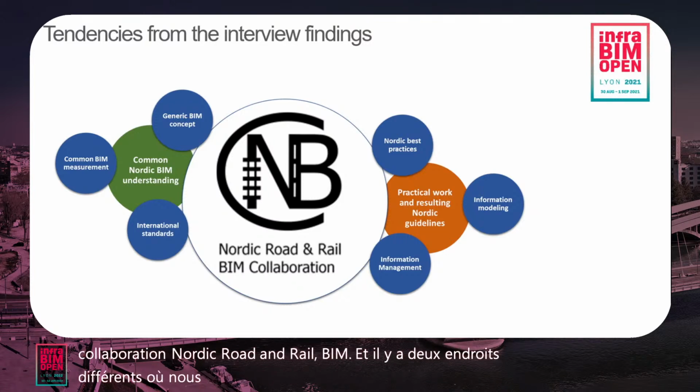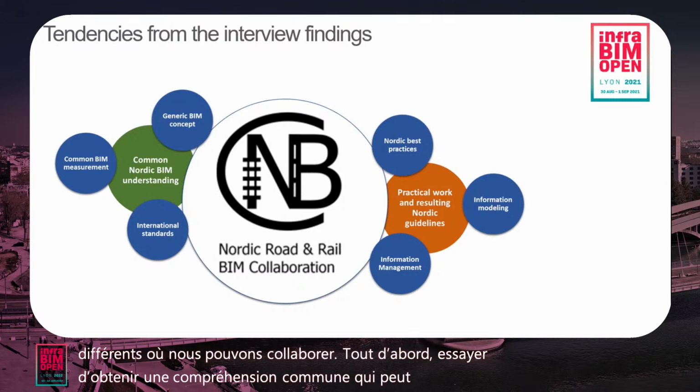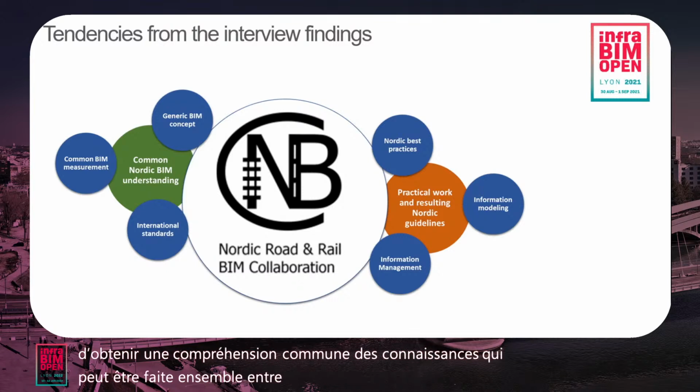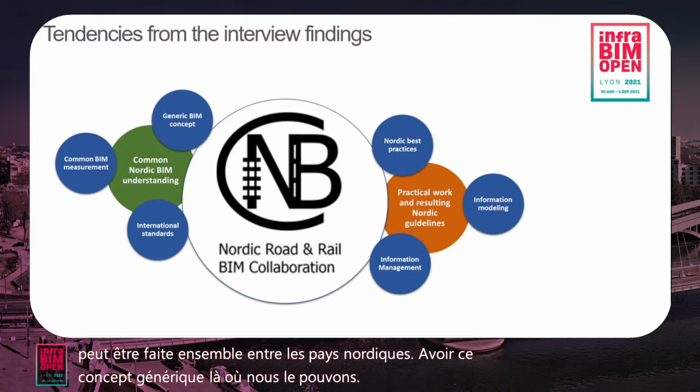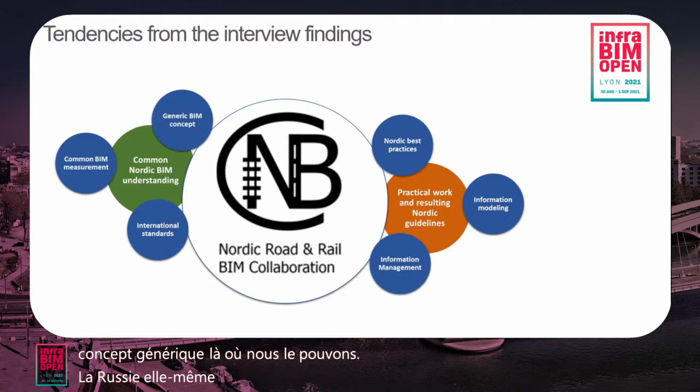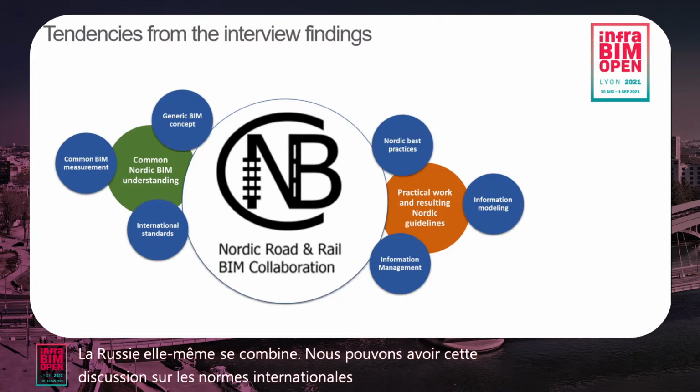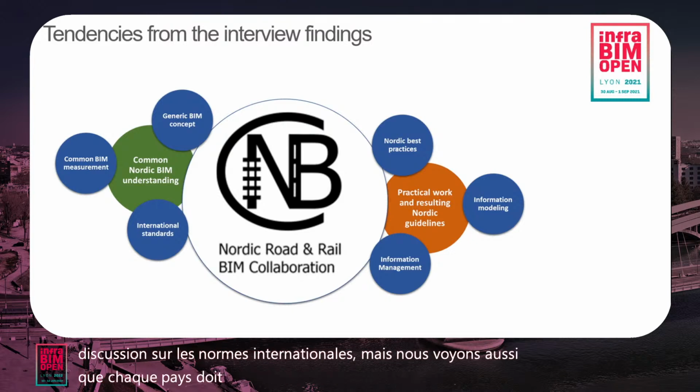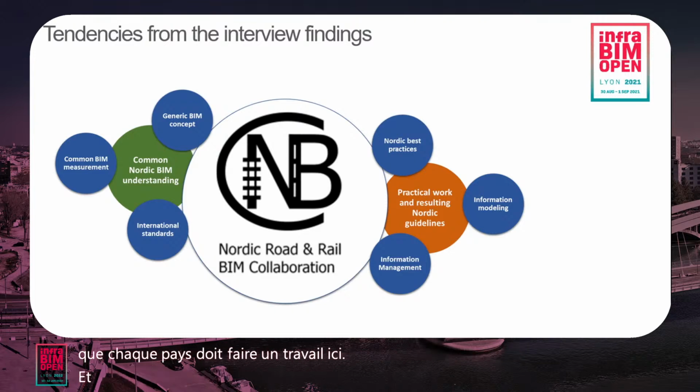First of all, trying to get a common Nordic BIM understanding that can be done together between the Nordic countries, having this generic BIM concept where we can measure ourselves, combine ourselves. We can have that discussion about the international standards, but we also see that each country has to do some work here. And the practical work is not being done in NBC.